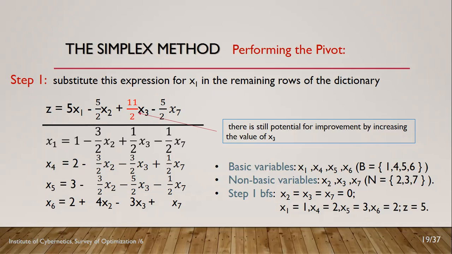Then, as a result of increasing the value of the entering variable, the winner of the ratio test will turn into 0 and we call that variable the leaving variable; it leaves the basis and becomes non-basic, as it was with x sub 7. Now we need to update our dictionary and make sure that we still have the same rule where all the non-basic variables are kept on the right-hand side and are set to 0.